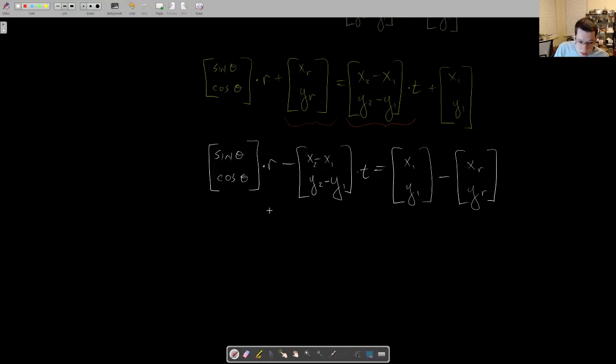And now this can be rewritten if we use the vector form and turn that into a matrix.